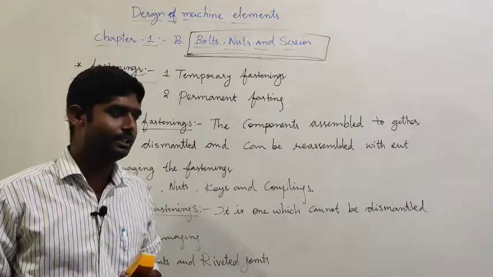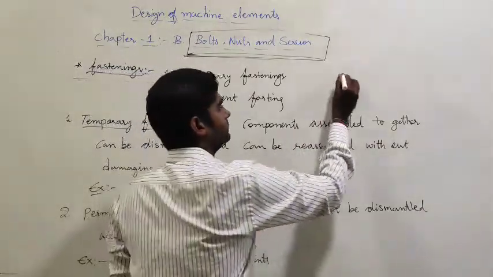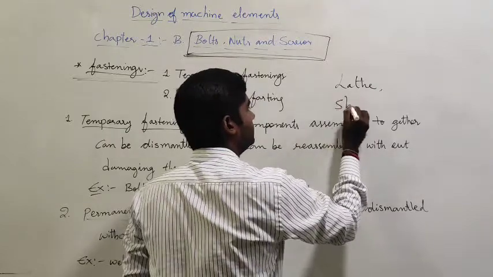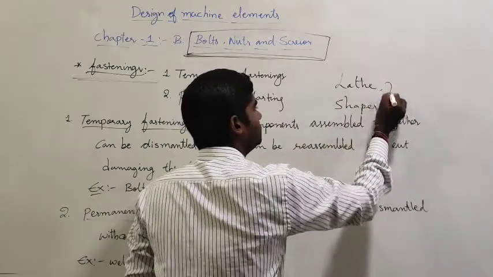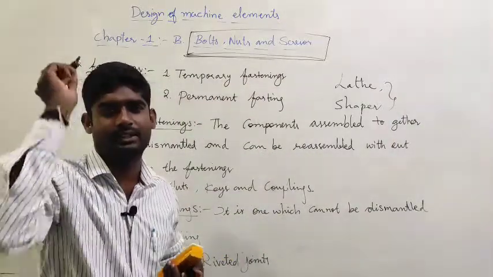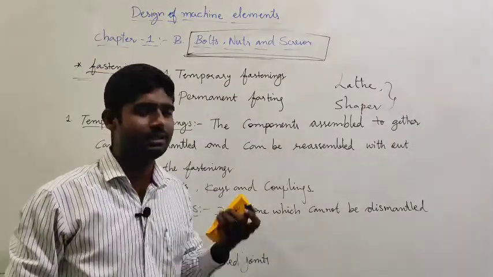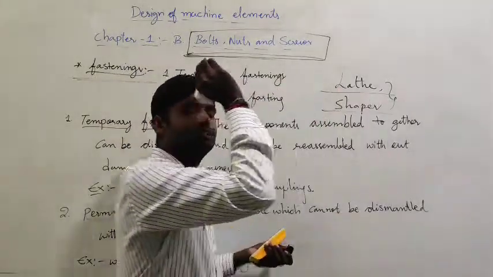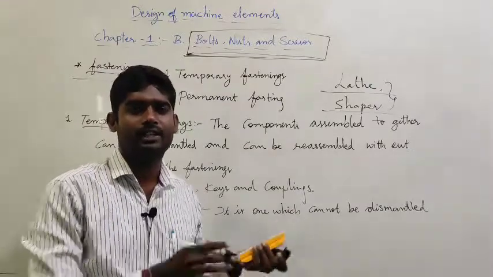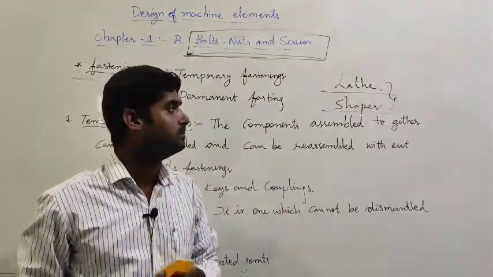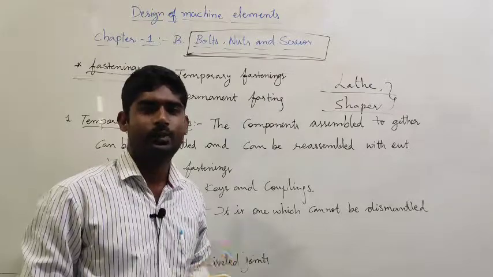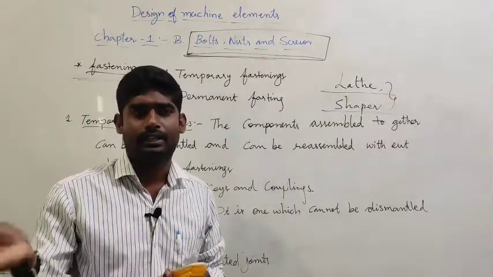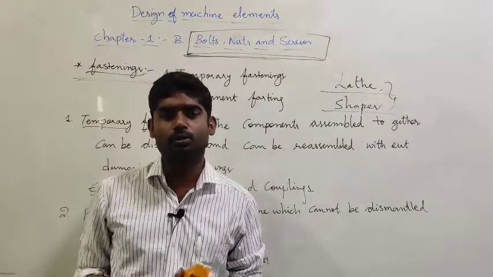If you see any machines like a lathe machine or shaper machine, there are so many machine parts, machine components, machine elements. If you want to manufacture any machine, first we assemble the different machine elements, for example tailstock, tool post, carriage, screws.